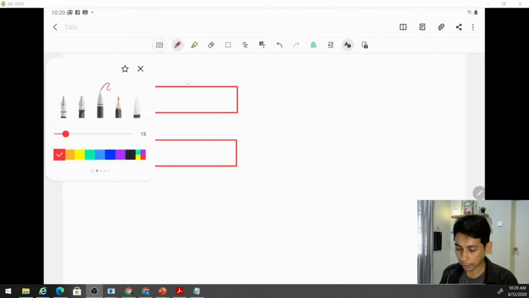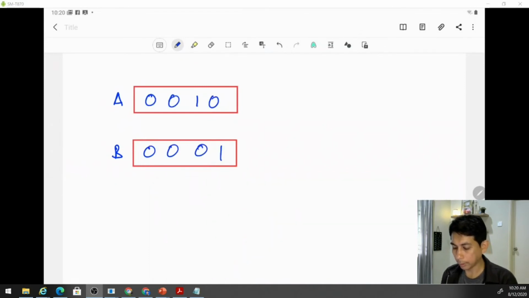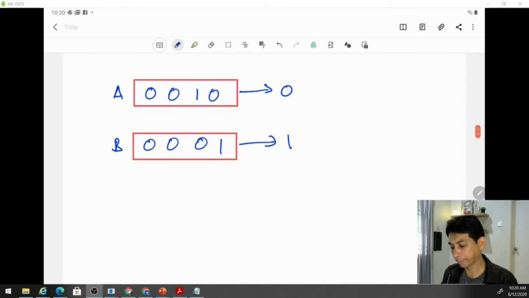The first one is register A, the second one is register B. I use the same numbers: 0010 and 0001. We send 0 first and 1, and we have what we call a serial adder here.